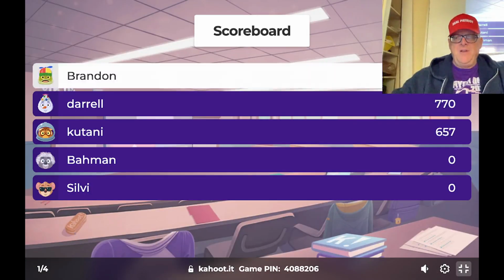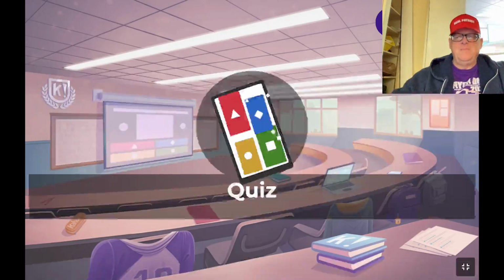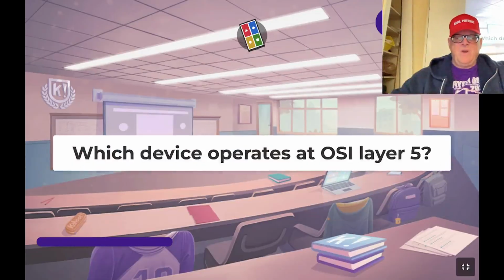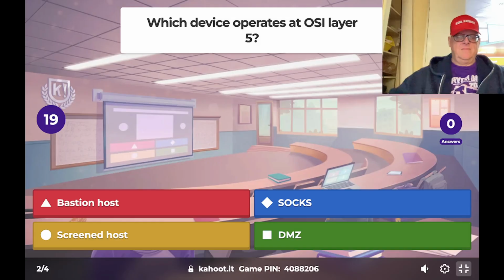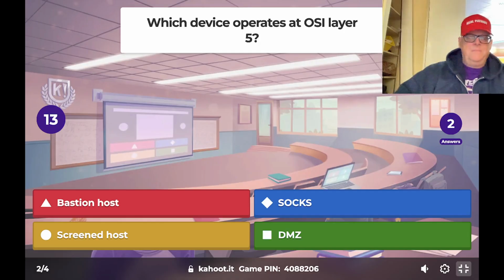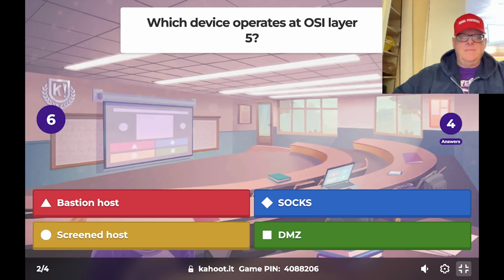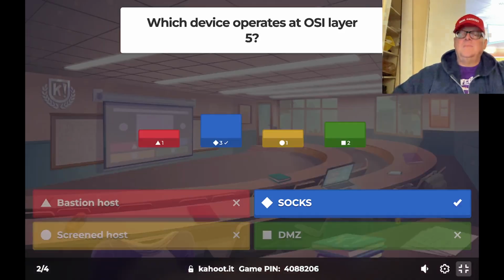Not very effective and not used very much anymore. Which one runs at OSI 5? That's a SOCKS proxy. Can carry many protocols.